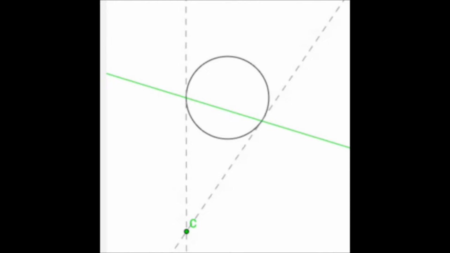So draw another red line that doesn't touch the circle at all. And now see if you can work out what the pole is of that red line. And I'll give you a clue. Draw a couple of points on the line and work out where their polars are. Good luck.